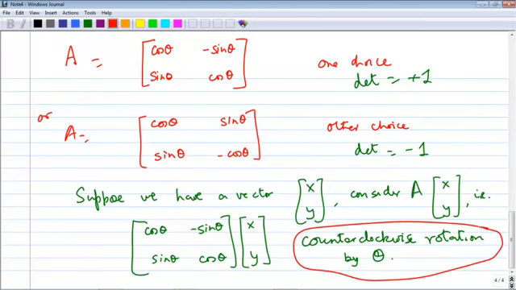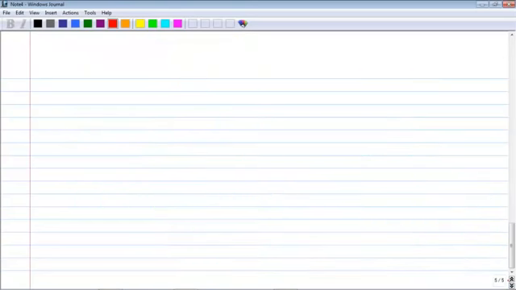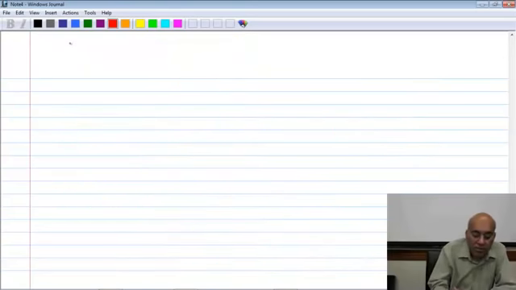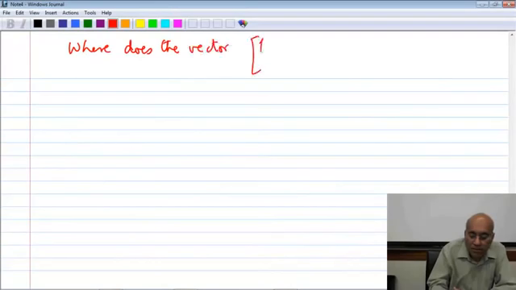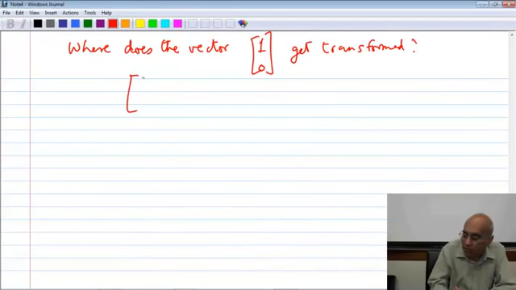Which is very nice. You can convince yourself that this is true by starting off with what happens to the vector (1, 0). It gets transformed to (cosine theta, sine theta).